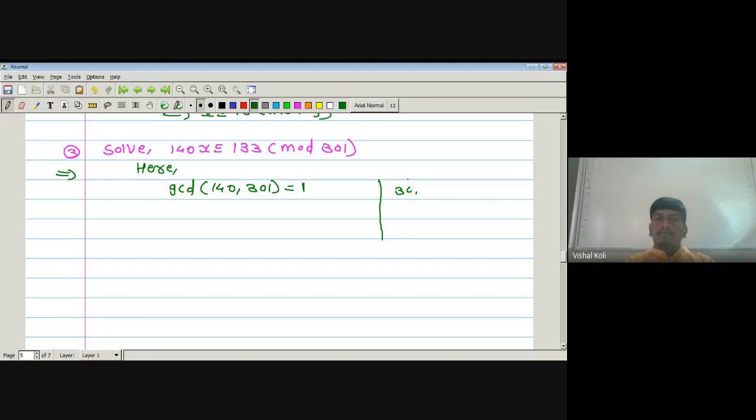301 can be expressed as 140 into 2 plus 21, since 280 leaves a remainder of 21.